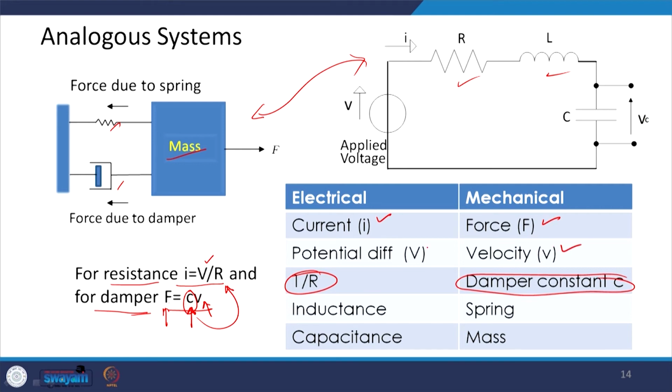Velocity in mechanical is analogous to voltage or potential difference in electrical. And inductance is analogous to spring, and capacitance is analogous to mass. This way we can make an analogy between the electrical and mechanical system.